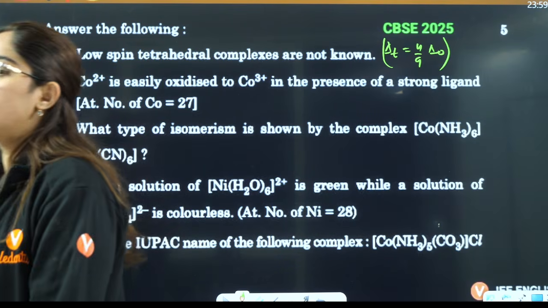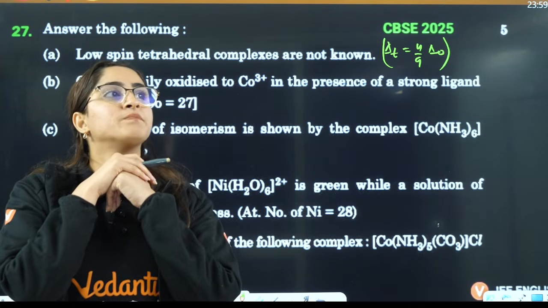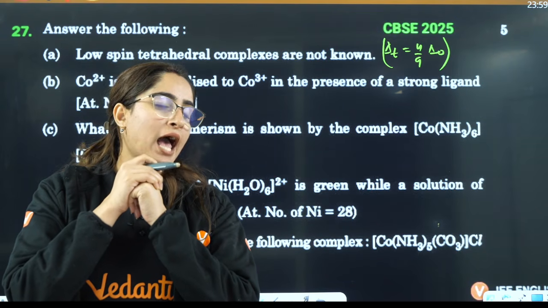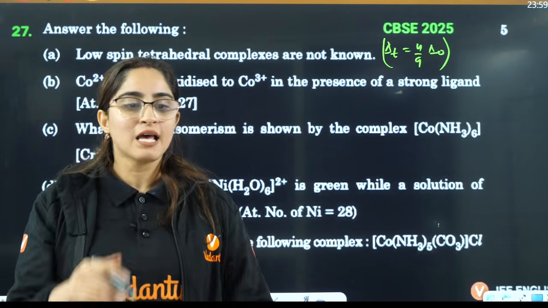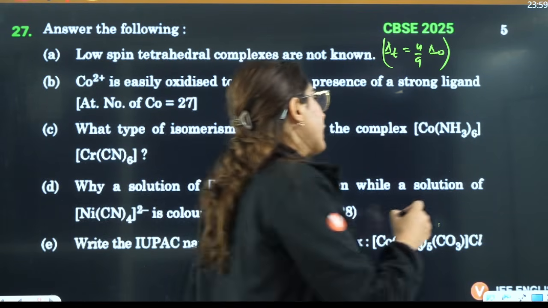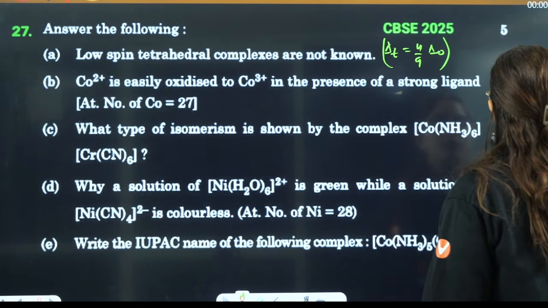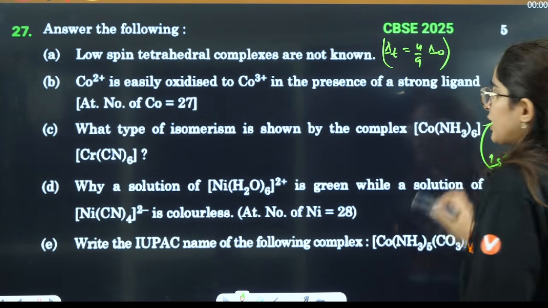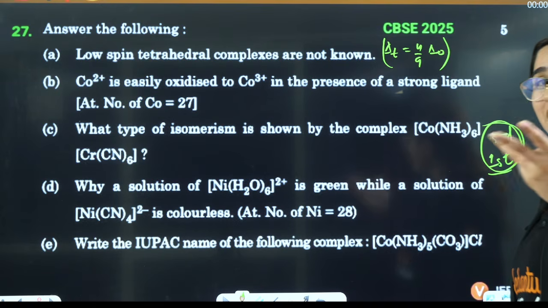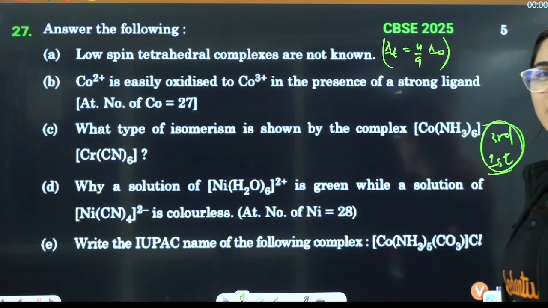Because the gap is so small, see, if you have to go from the first floor to the third floor, you can easily go by the stairs, right? But if you have to go from the first to the 14th, you can't go with the help of stairs, right?